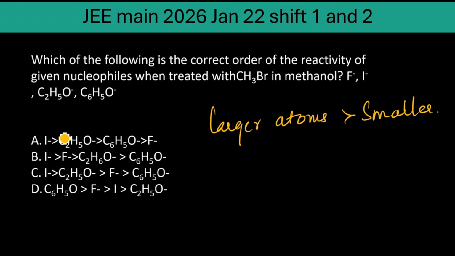Iodine is larger. Then C2H5O minus, that is a strong base and a good nucleophile, then comes fluorine, then comes C6H5O minus, because C6H5O minus is resonance stabilized and will be the least nucleophilic.